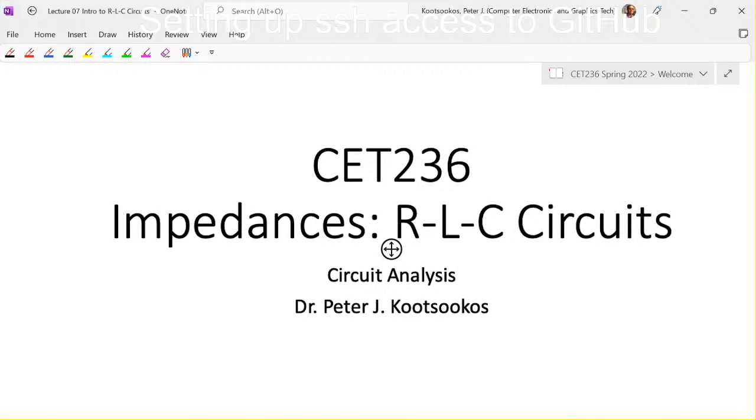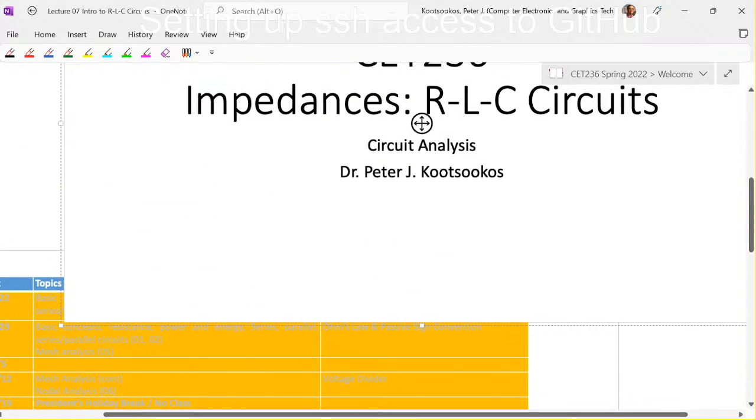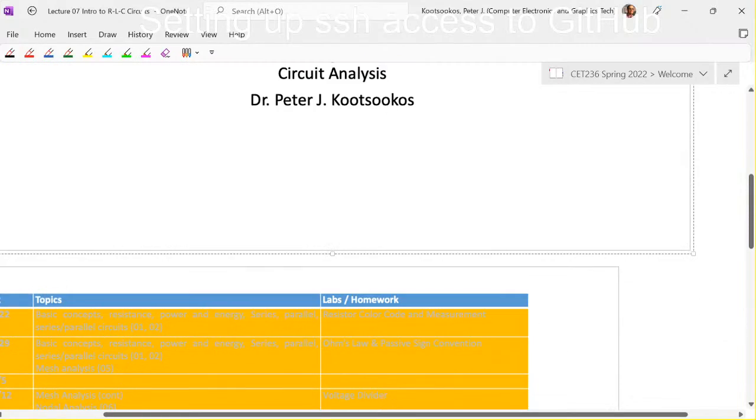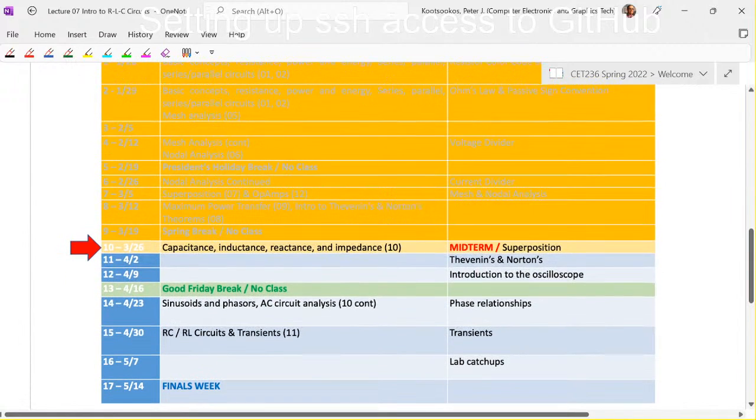And so let's just see where we are. I think I moved that for some reason. Didn't actually mean to. There we go. So that's where we are. I'm hoping to do the superposition lab today.